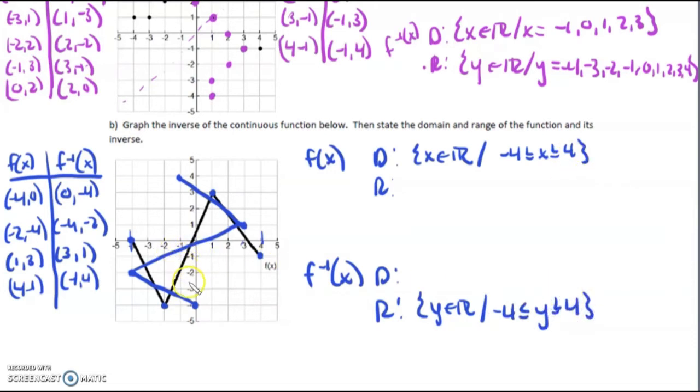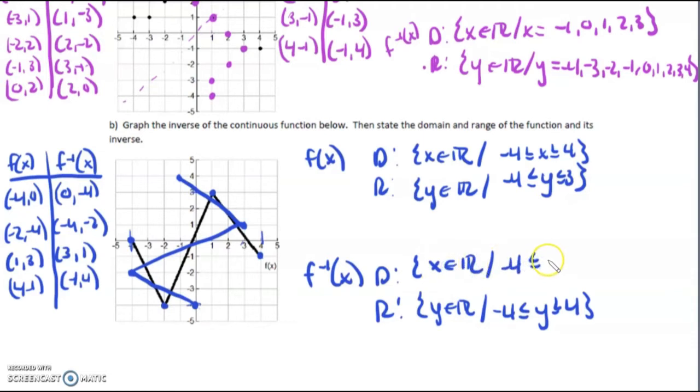Now the range goes from -4 to 3. So y is between -4 and 3. So the range of the original is going to be the domain. Oops, but we have to mark it obviously with an x. Like that.